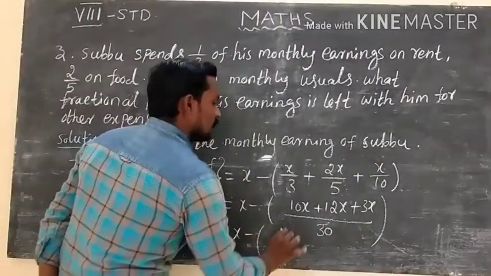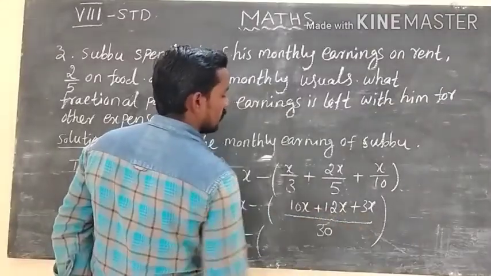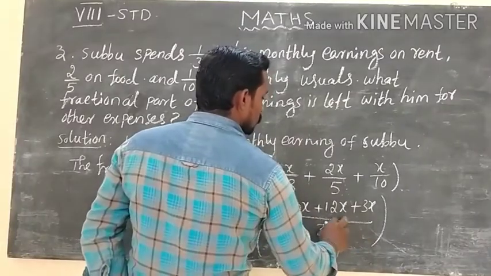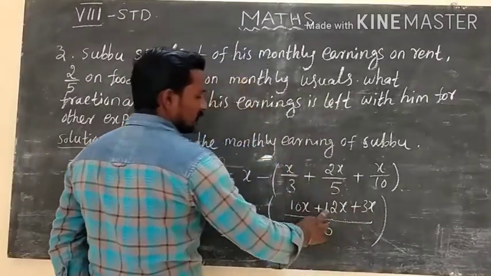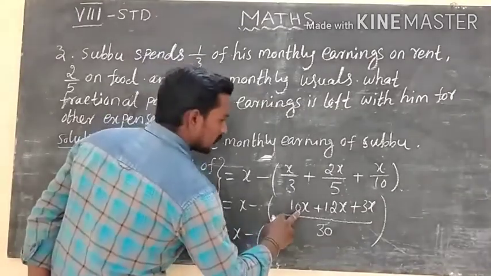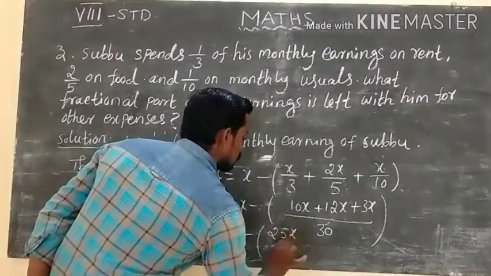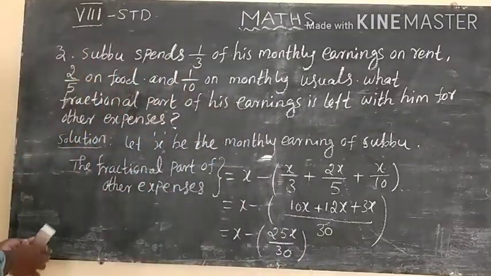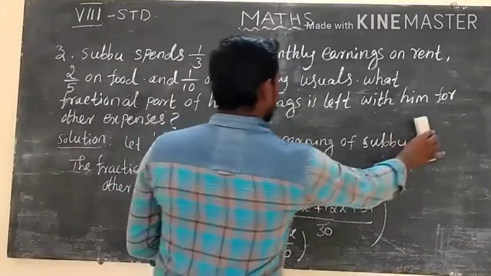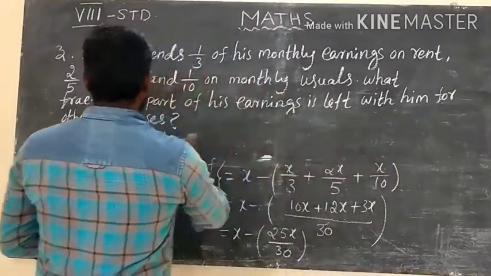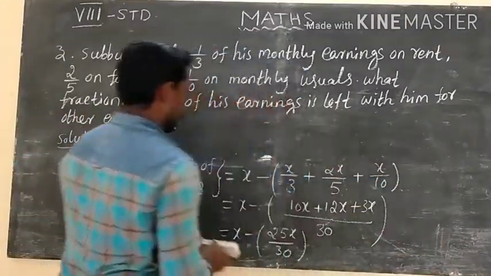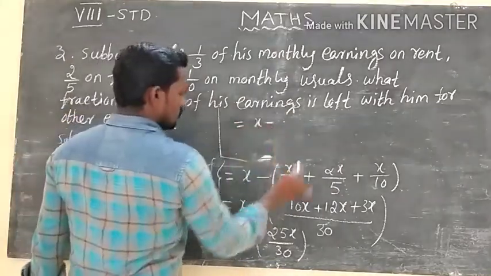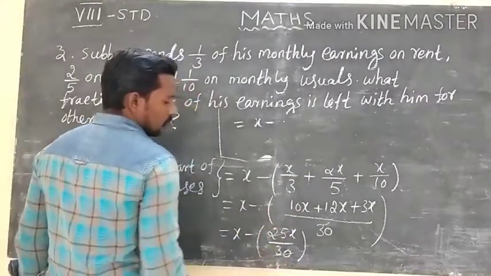So x minus 10x plus 12x plus 3x, all over 30. Here I explain: 12x plus 3x is 15x, and 15x plus 10x is 25x, so 25x divided by 30.